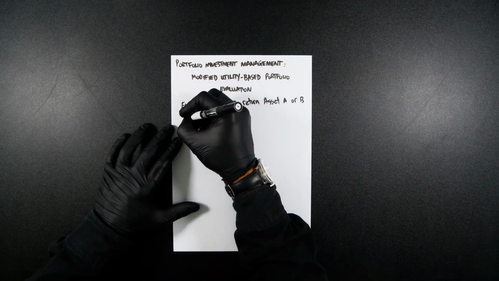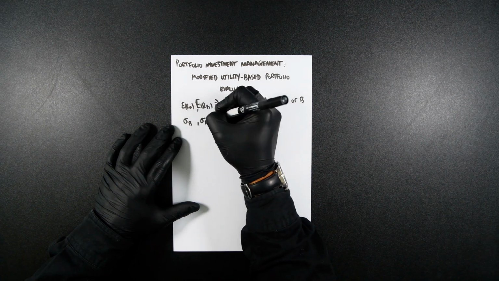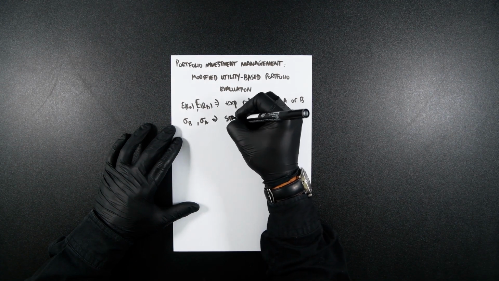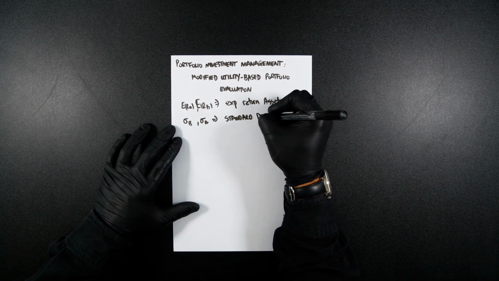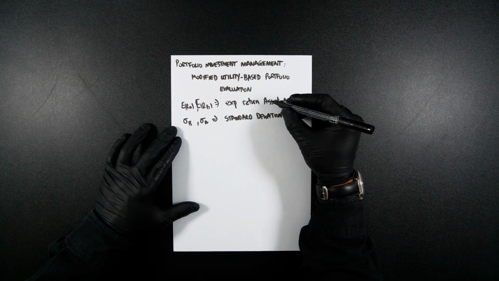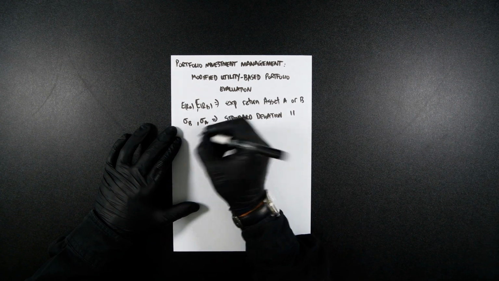And then you're going to have sigma A and sigma B, which is going to be the standard deviation. I'm just going to put a little asterisk here. So standard deviation of asset A or asset B.